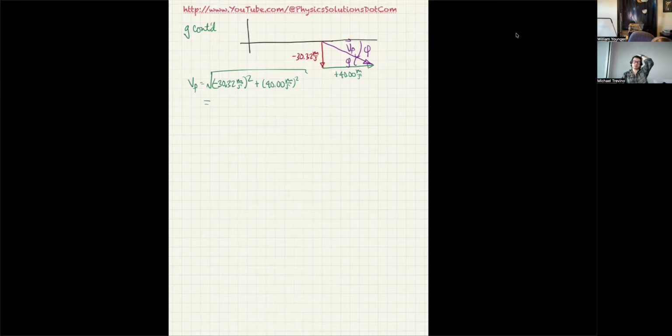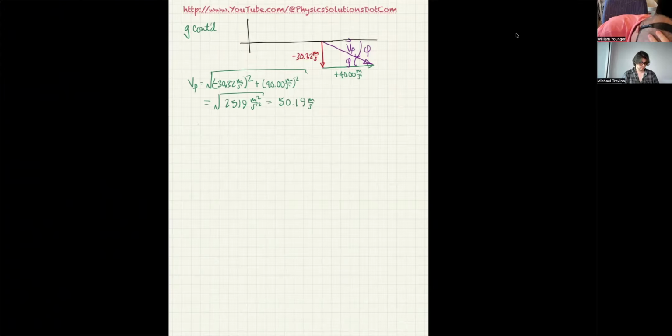If I add the 1,600 and the 919.3, I get the square root of 2,519. Yes. Meters squared per second squared. Now, if I take the square root of that, I get 50.19 meters per second is the magnitude.